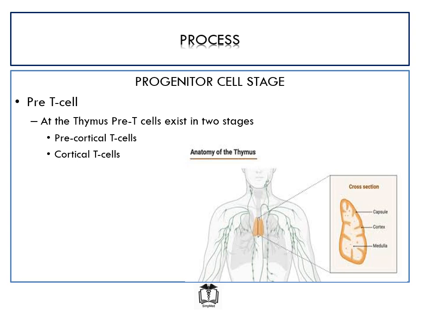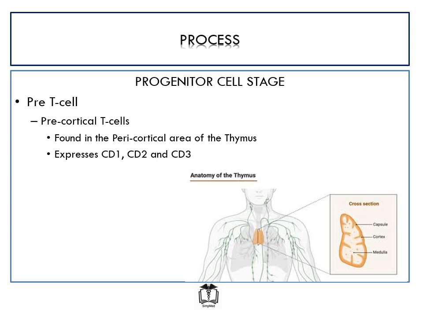So depending on whether they're found within the cortex or the medulla or at the capsular area, the T cells tend to be classified either as the pre-cortical T cell or a cortical T cell. So the cortical T cells are T cells found within the cortex, and then the pre-cortical T cells are the T cells found within the capsule.